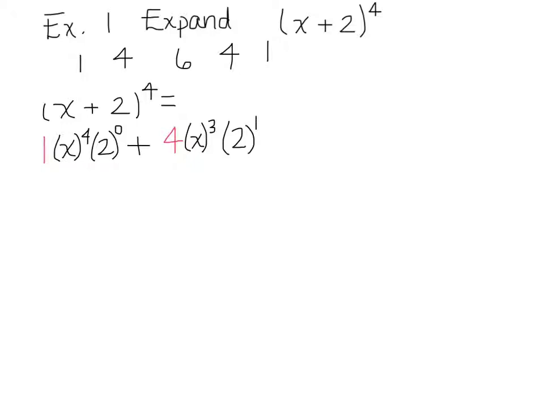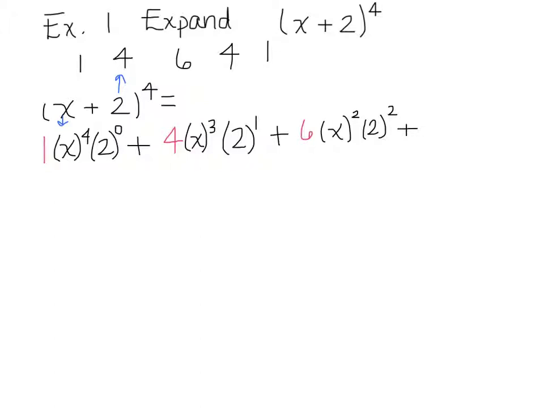So for the x, the powers are decreasing. For the 2, the powers would be increasing. But no matter what, your powers should add up to 4 for each term. Okay, and then you bring the next coefficient, which is 6. The x will be to the 2nd power, and the 2 would be to the 2nd power.